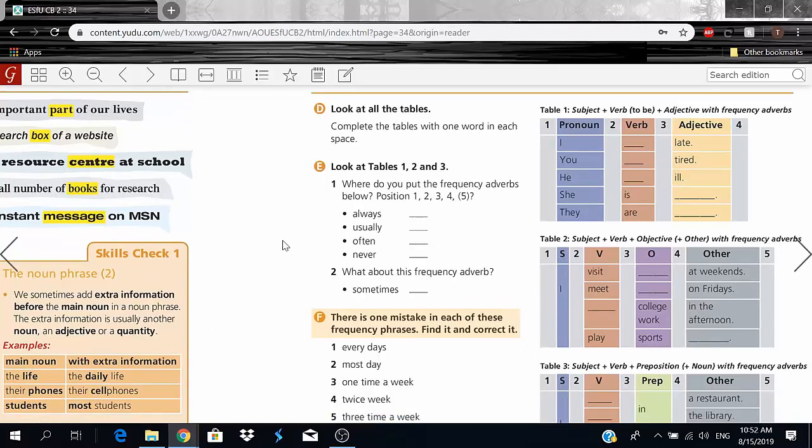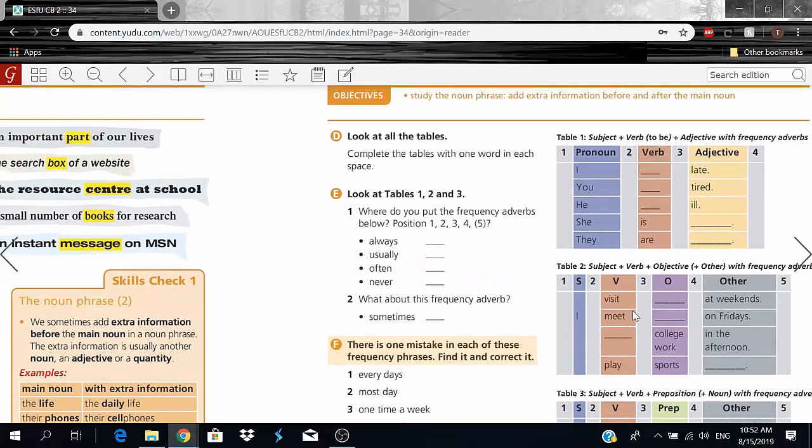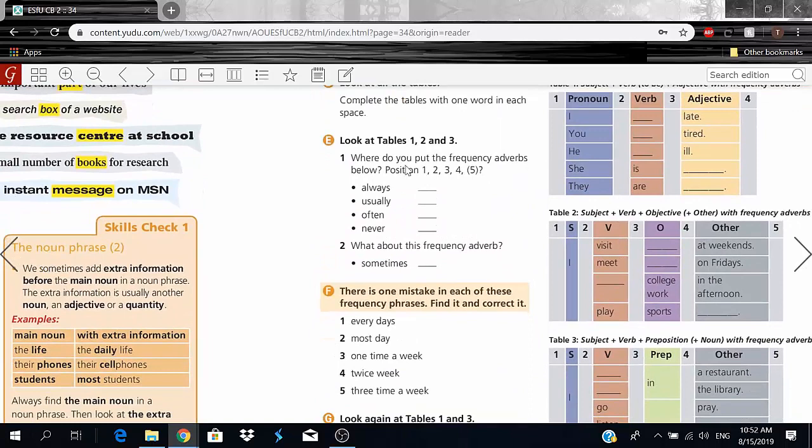Now, let's take a look at exercise E here. This is actually a really interesting exercise. We have look at tables 1, 2, and 3. Let's take a look at these 3 tables right here. Where do you put the frequency adverbs below? So we have our frequency adverbs: always, usually, often, and never.